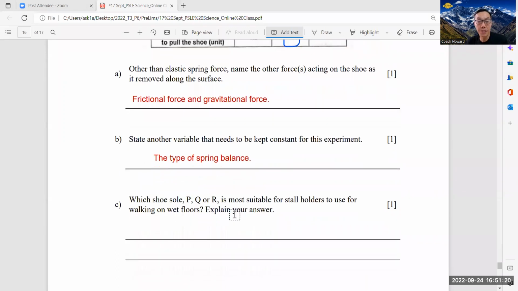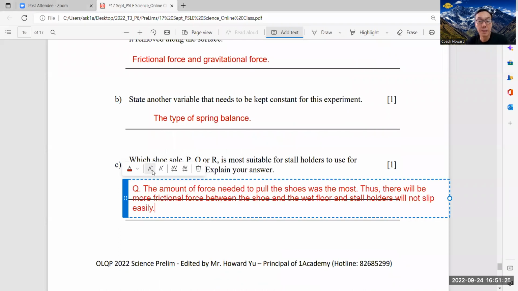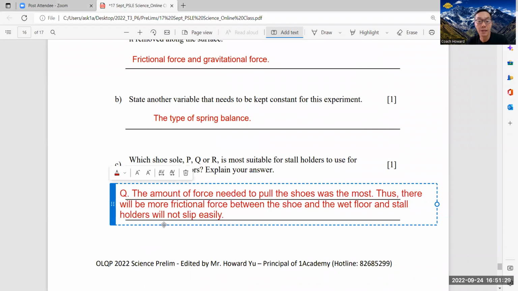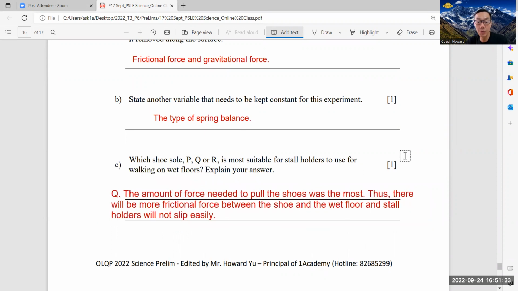Let me put it here, then later I explain this part. So it's sole Q. The amount of force needed to pull the shoe was the greatest.